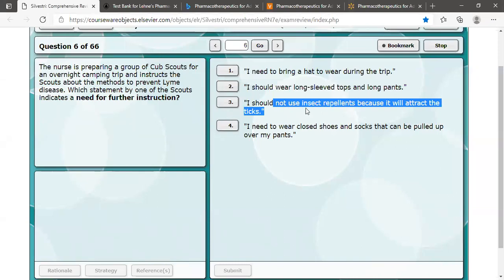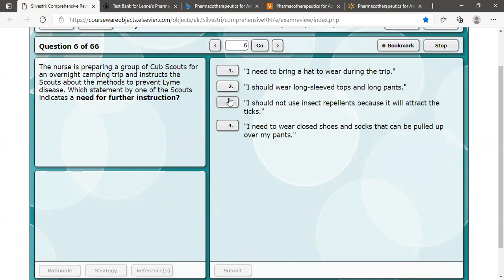Definitely, it is wrong. Not use. I need to wear closed shoes and socks that can be pulled up over my pants. So number 3, I am not sure, but I am sure number 1 is okay, number 2 is okay, number 4 is okay, nothing wrong. So number 3 is the answer.